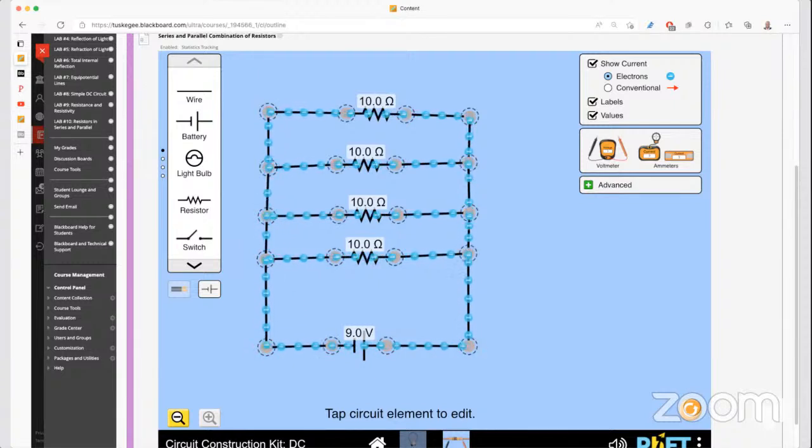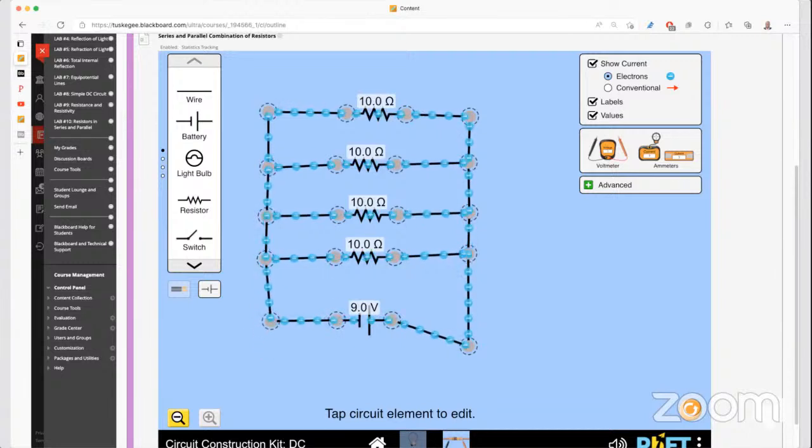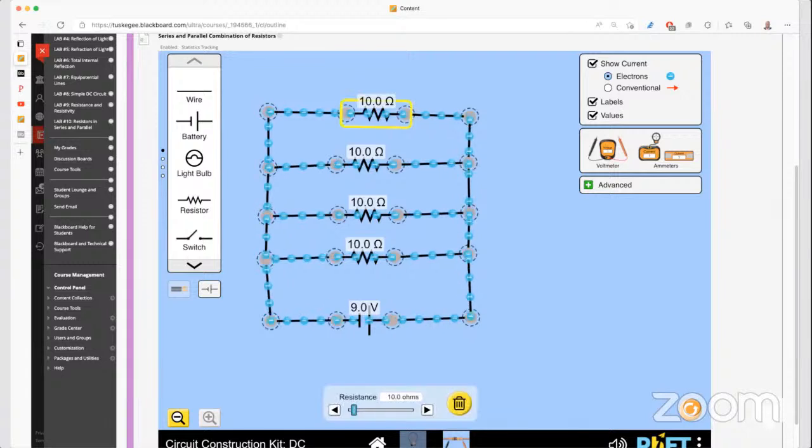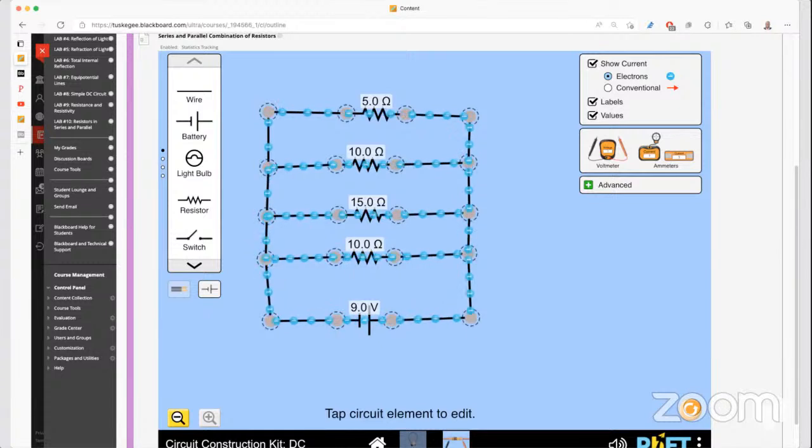And if we stick with the same logic, let's say we change the first one to 5, the second one to 10, the next one to 15. Just to see the effect.